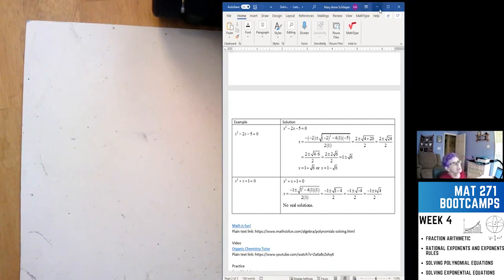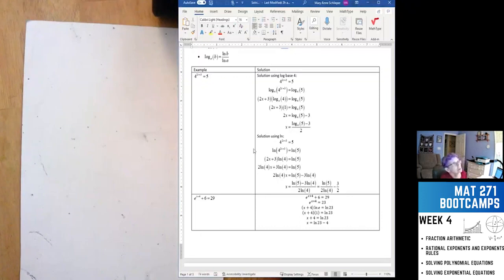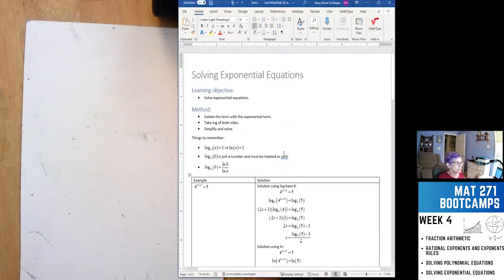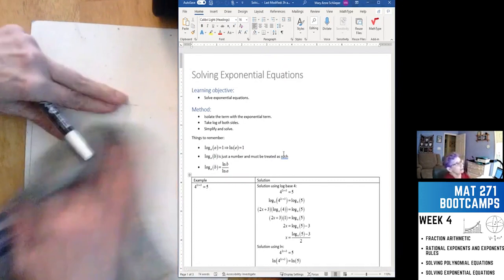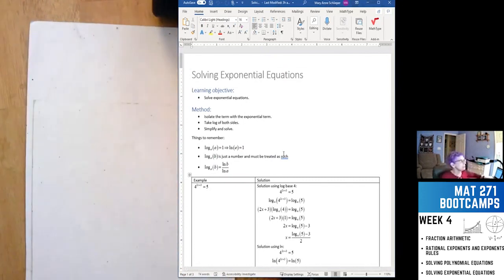Okay, last thing we're going to talk about is solving exponential equations, because you're also going to learn the derivatives of exponentials. It's one of the first things you learn. So you'll be setting those equal to things as well. Some things to remember.